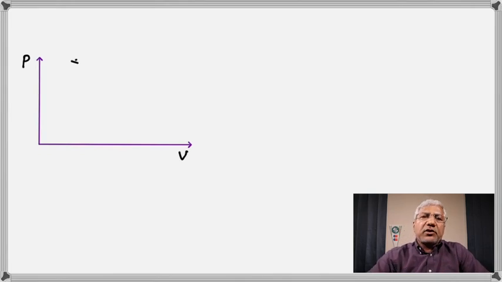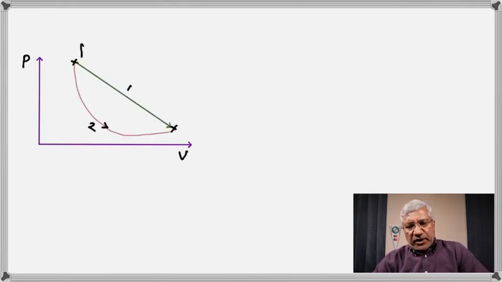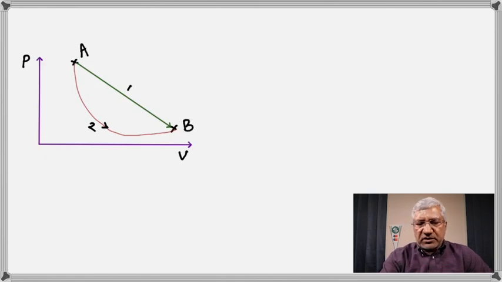So in this case, you have a pressure volume diagram, and you have a process from A to B. The system can go from the initial state A to the final state B along 2 paths. Well, there could be multiple paths, but I've just shown you 2.